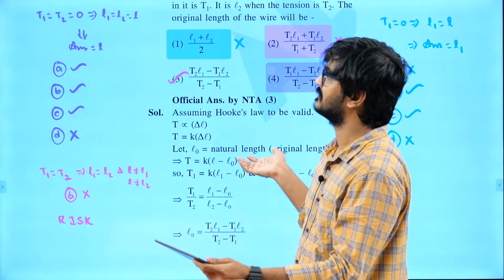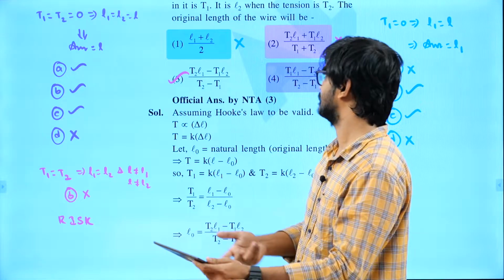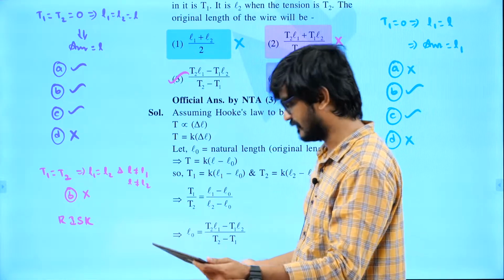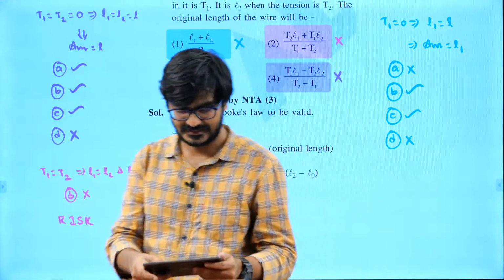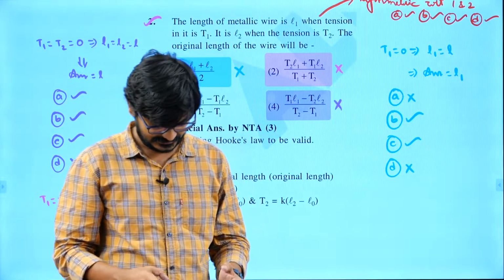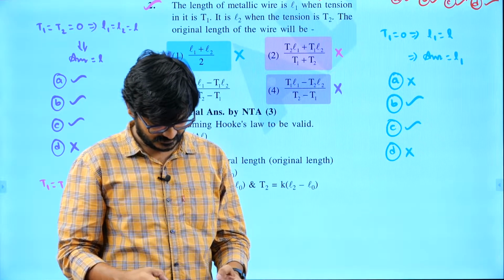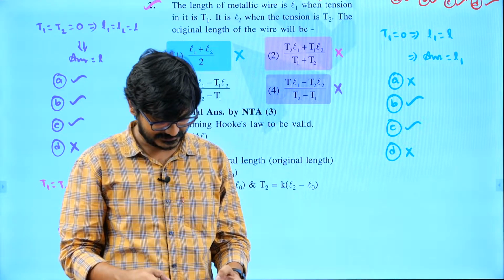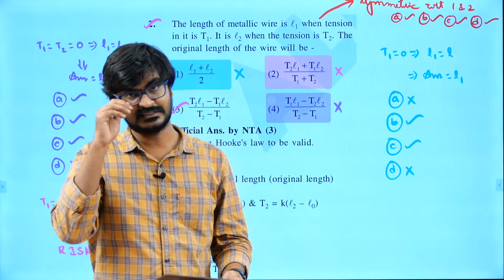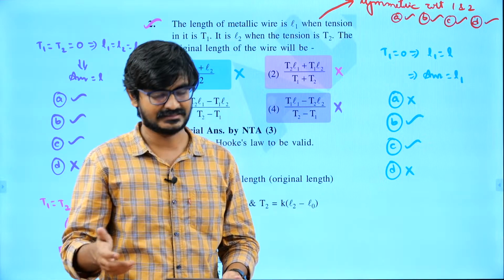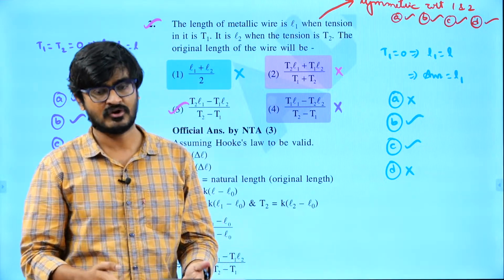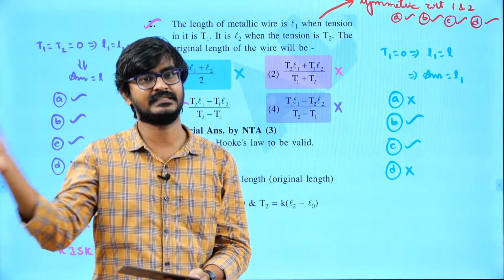Natural length has to be less than L1 or less than L2. If you remember, it depends on the extension, right? So from there I can eliminate option B also. But I have taken that chance because I know some of the things like tension depends on the extension, but sometimes we may go wrong also, because sometimes we might be thinking so narrow.